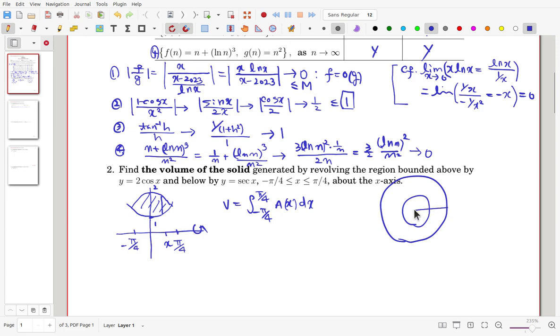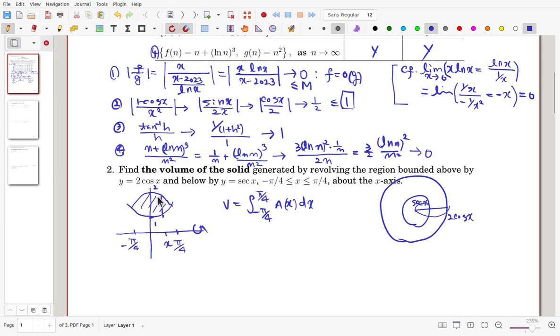Okay, for that one, this one is coming from that one. That is now sec x, right? That is sec x. And for this large one, this is now 2 cosine x, right?